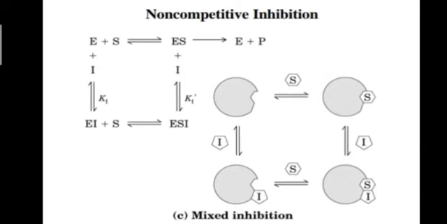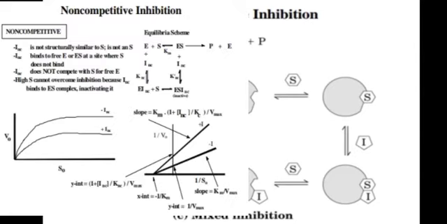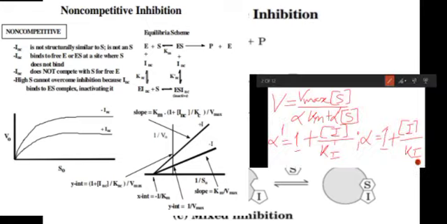And a mixed inhibitor also binds at a site distinct from the substrate active site, but it binds to either the enzyme or the enzyme substrate complex. The rate equation describing mixed inhibition is V0 is equal to Vmax into substrate concentration by alpha Km plus alpha dash substrate concentration.